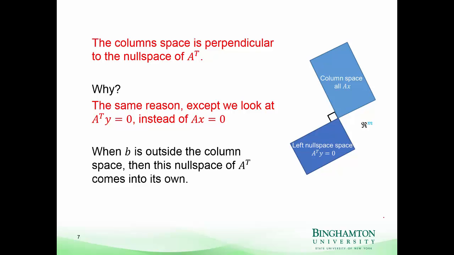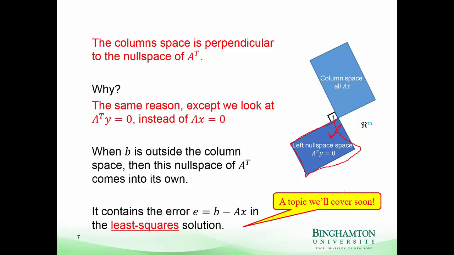So when B is outside the column space, we'll see that it will lie in this space. Well, it won't lie completely in here, but this will suddenly start playing an important role. We won't see that right away, but we'll see that later when we talk about a topic called least squares.